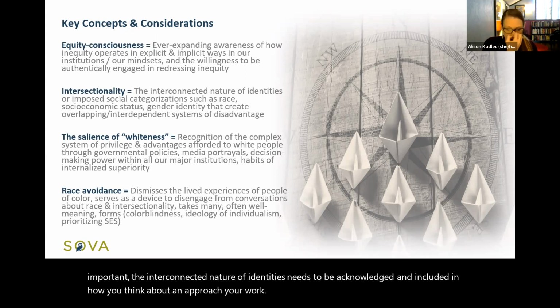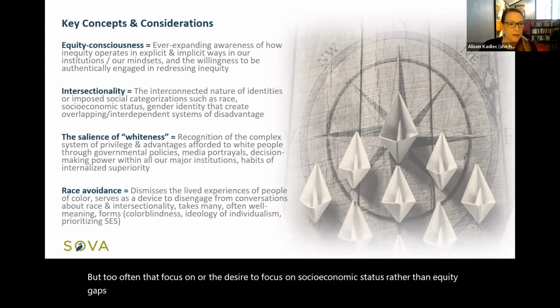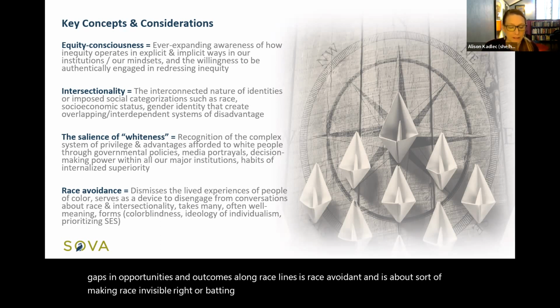But too often that desire to focus on socioeconomic status rather than equity gaps in opportunities and outcomes along race lines is race avoidant and is about making race invisible, right? Or batting away conversations about that.